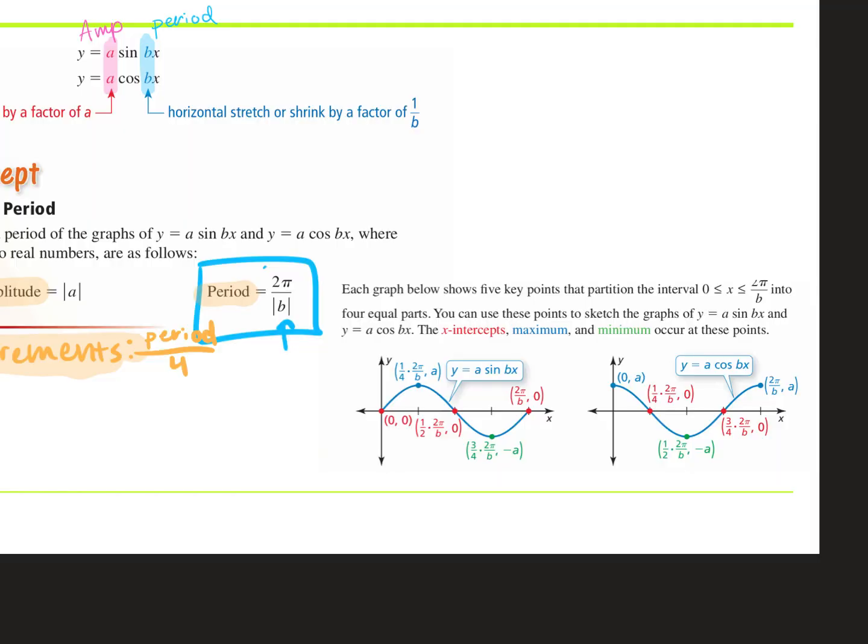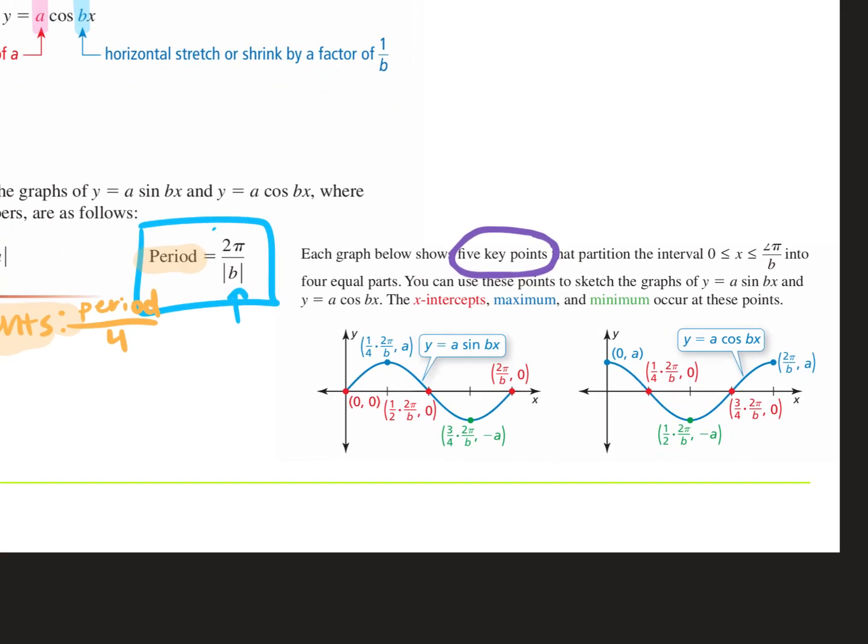And for all of our graphs, each one is going to have 5 key points that shows the period. So notice here on our sine graph for one period, it starts at 0, goes up, back to 0, back down, then back to 0. So those are the 5 key points. So it just goes in between the 2 amplitudes. You don't go any higher than what your amplitude is, and you don't go any lower.